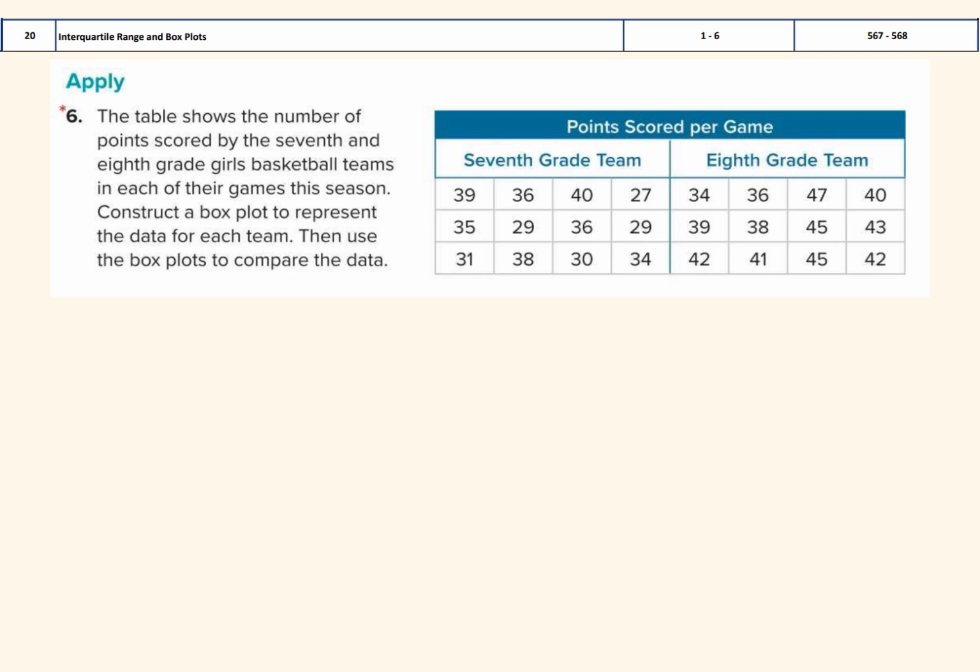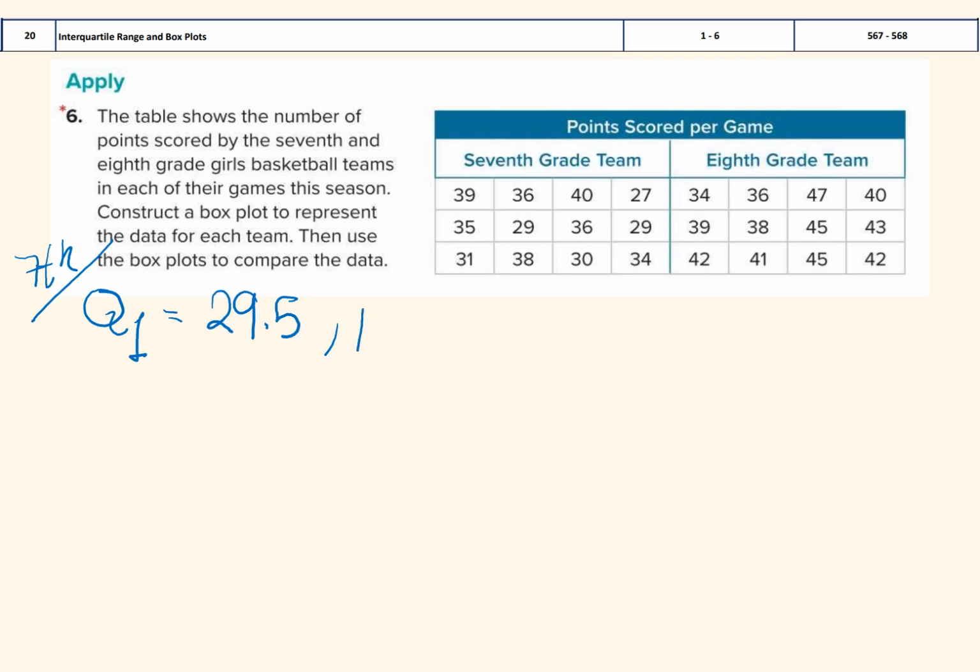Then, for each team, we will be finding Q1, median, and Q3. So after you arrange the data from smallest to greatest, as I showed you in the previous question, and this is very important, you will be finding Q1. So let's first work on 7th grade. Q1 will be 29.5.